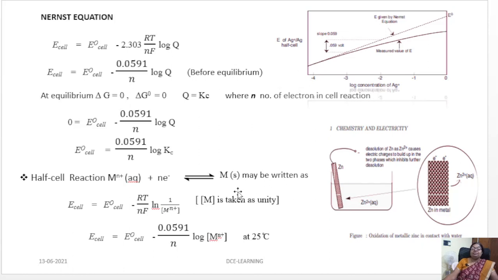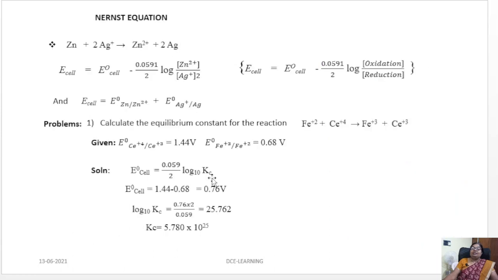Therefore, we rearrange the Nernst equation as E = E° - 0.0591/n log of 1/[Mn+], at 25 degrees centigrade.